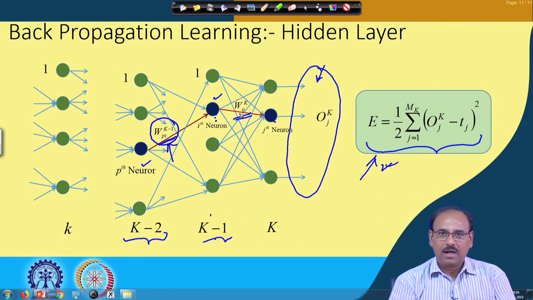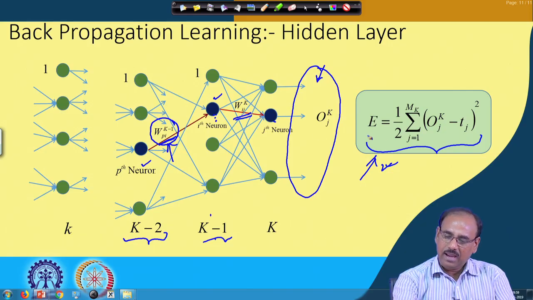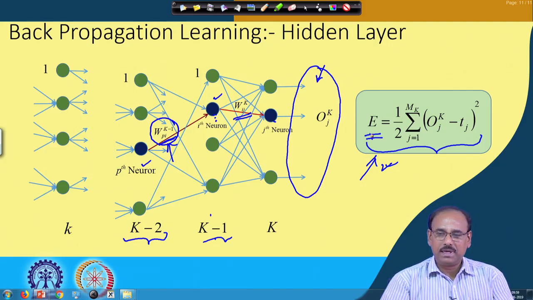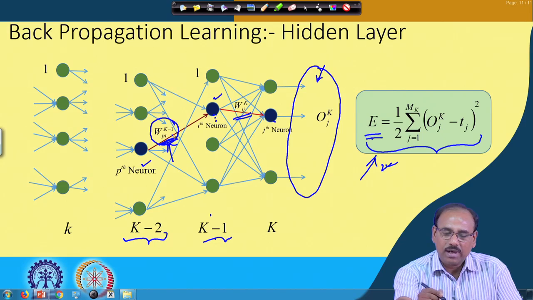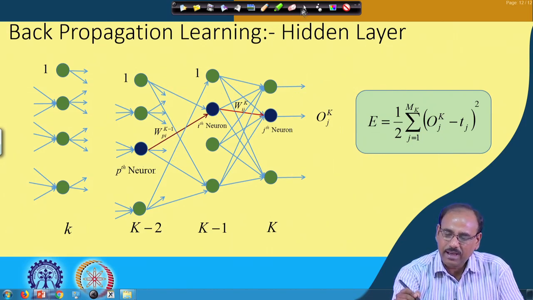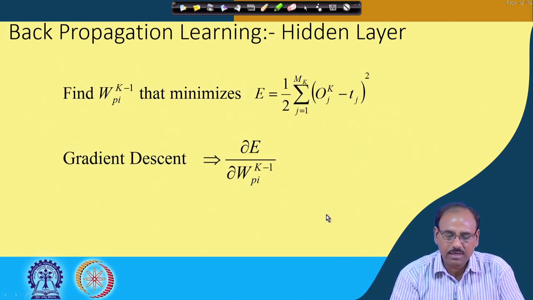So, again I have to follow the chain rule to find out how this error E, which is computed at the output layer, varies with the variation of Wpi(k-1). So, let us apply this chain rule again over here.